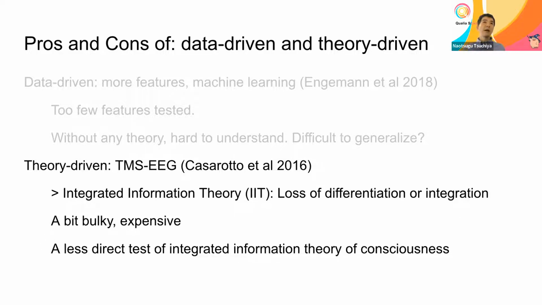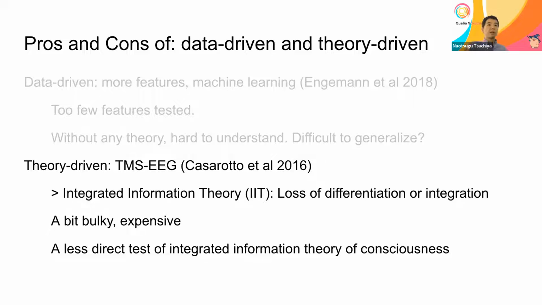And if they did it, then they can operationalize the degree of differentiation or the degree of integration by coming up with some kind of index. The problem with this approach is that it's a bit bulky and also expensive.